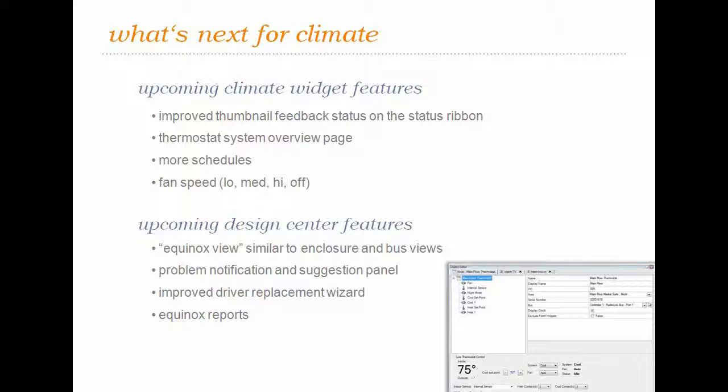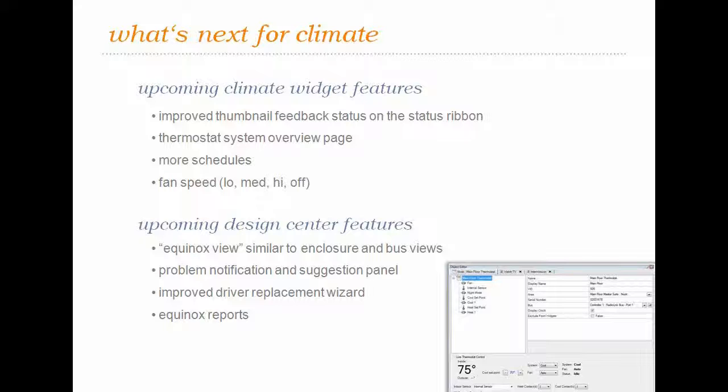Swipe down a little bit and you can scroll through them, similar to what you would do maybe in the lighting widget today. But you'll see them without having to expand. We're going to be adding a few more schedules to the default 4 schedules right now. We've had several requests for that. Then we're going to be adding fan speed icons for those variable speed motors that are supported in different systems.